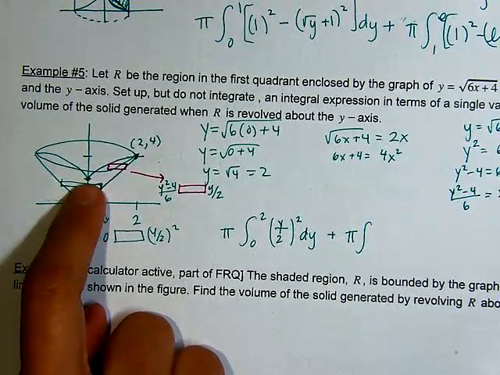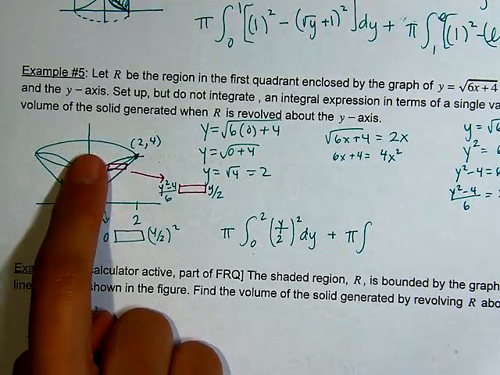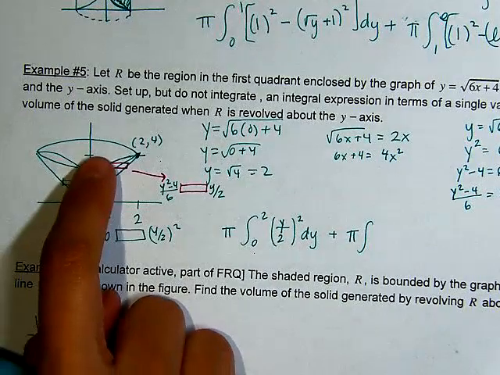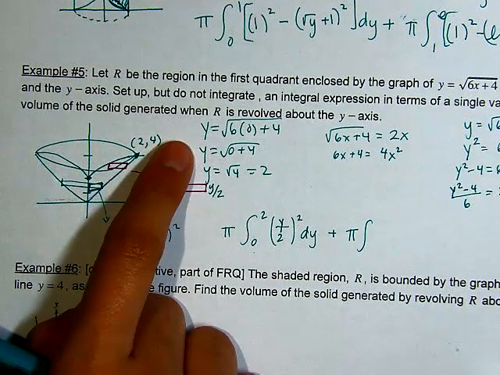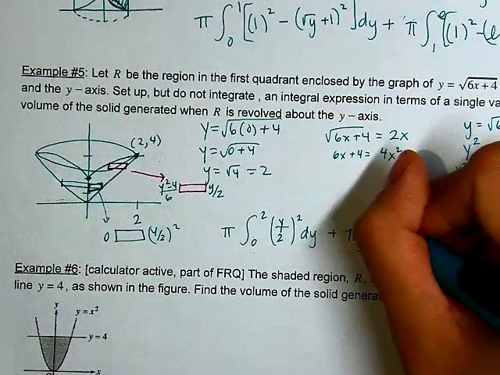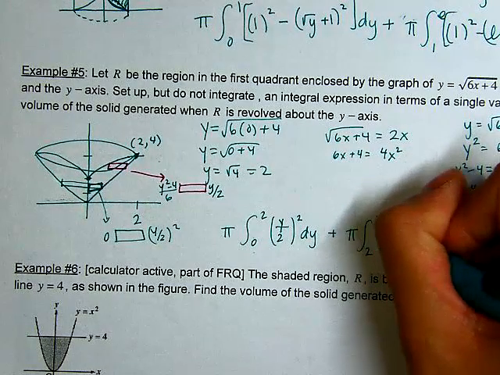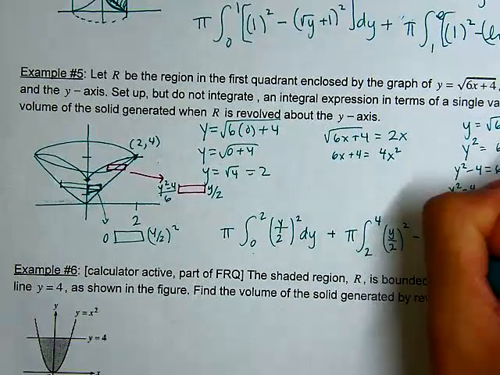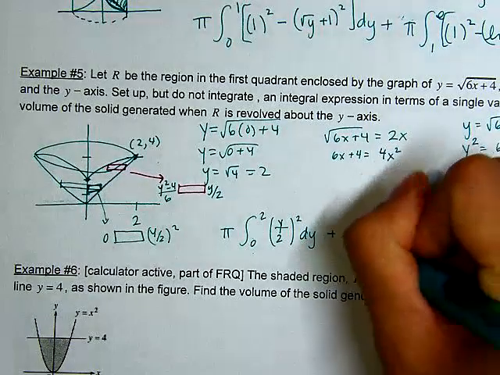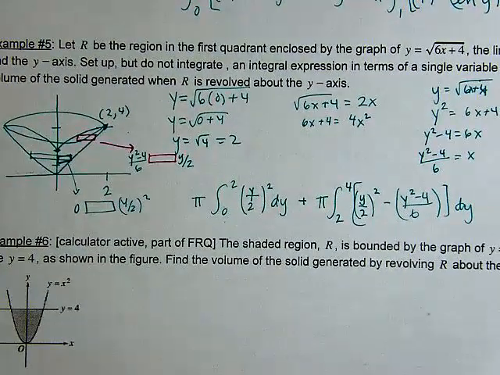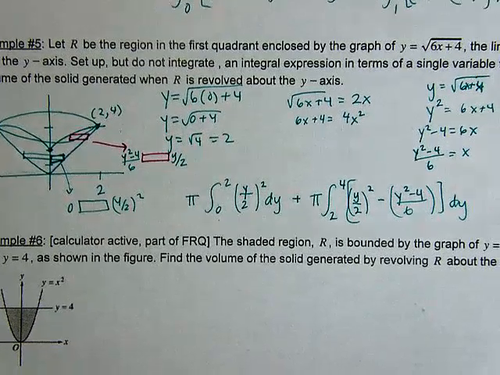And again, if you forgot your boundaries, they need to be on the y-axis. So we're going to go from where we left off at 2, and we have to go up to 4. We found the 4 by plugging in the 2 into the equations. And similar to the last problem, we don't actually have to evaluate, so that would be your final answer.